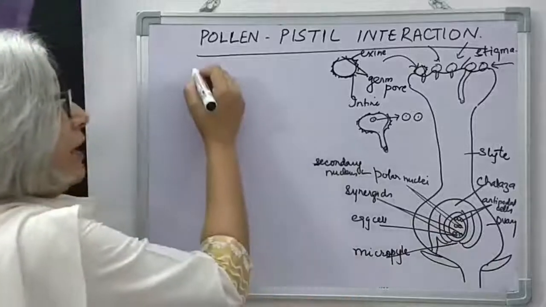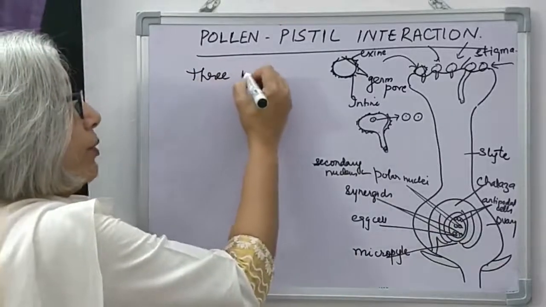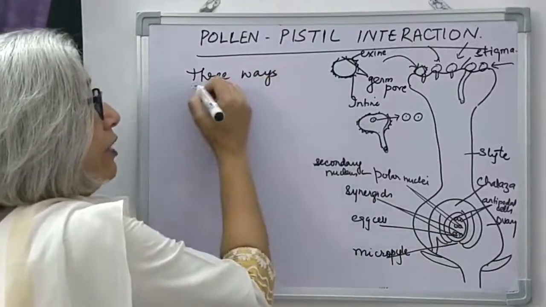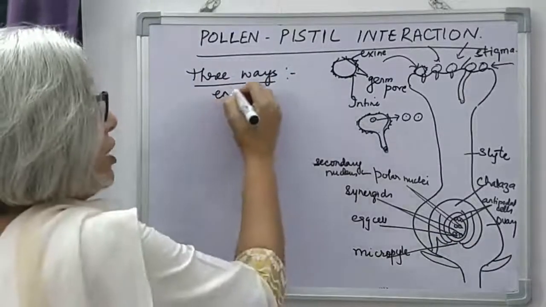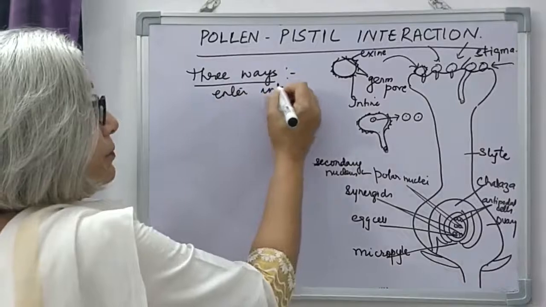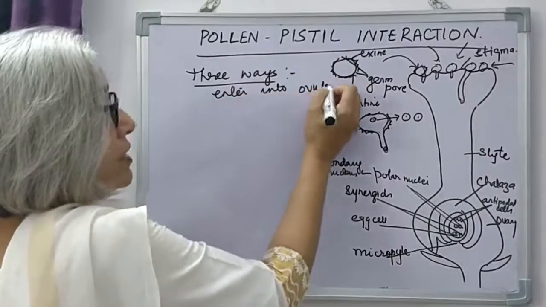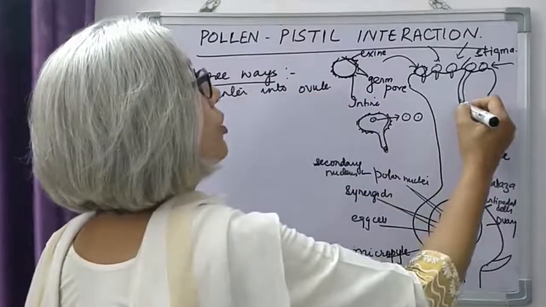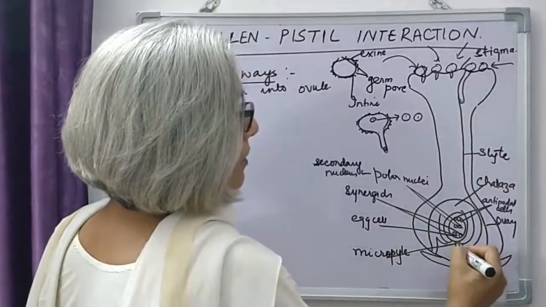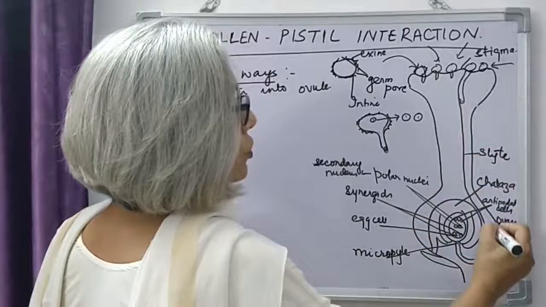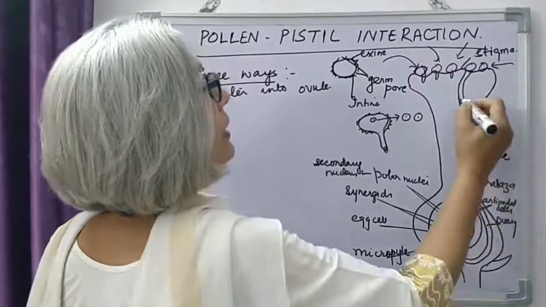There are 3 different ways in which the pollen tube can enter into the ovule. In most of the cases we see that the pollen tube elongates and enters the embryo sac through the micropyle.